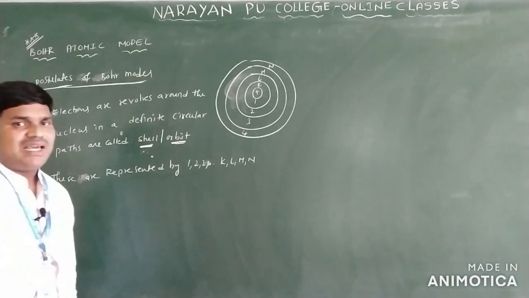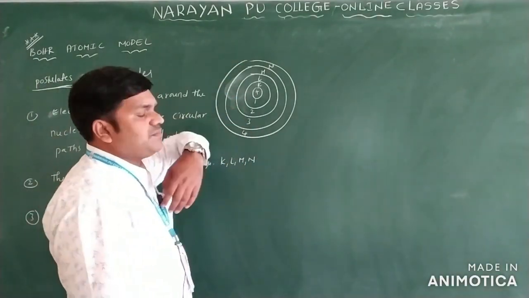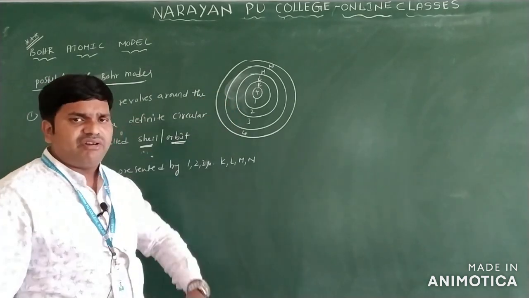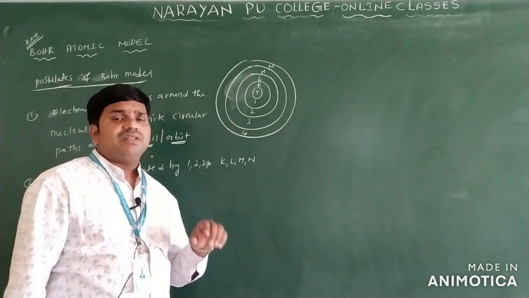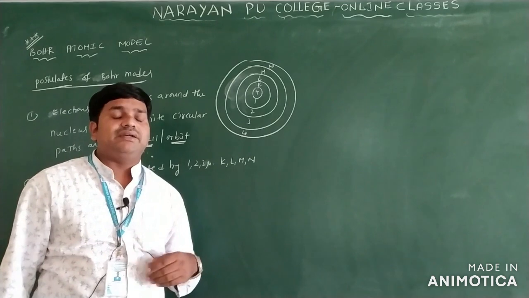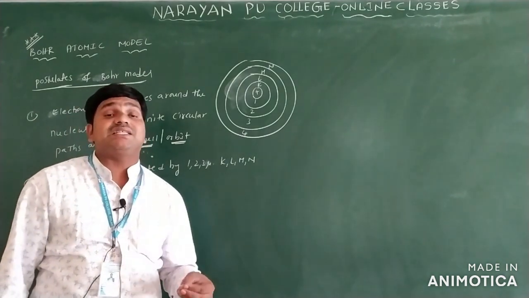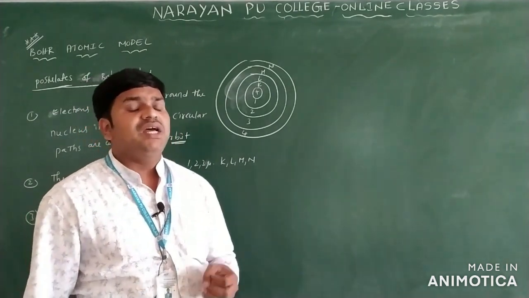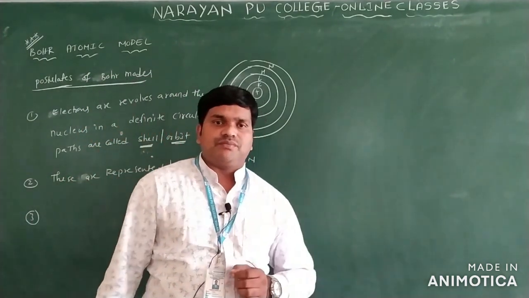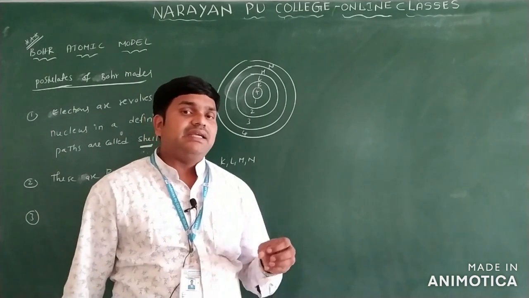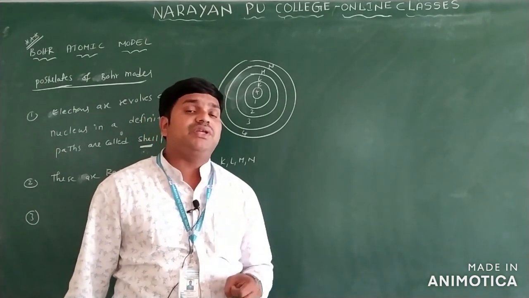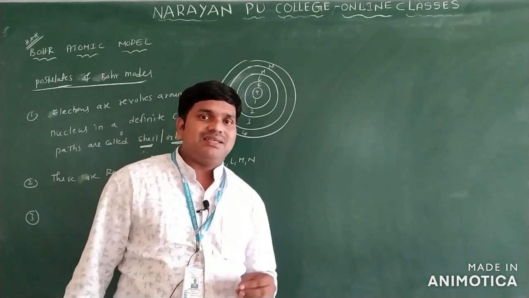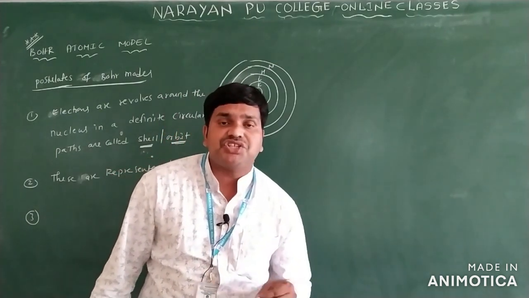Whenever the electrons revolve around the nucleus, the first shell, second shell, third shell and fourth shell have electrons there. Whenever the electron revolves around the nucleus, it does not lose energy, it does not gain energy. It means the energy is constant only. So you can write a point like this: each orbit is associated with a definite amount of energy. These are called stationary orbits or stationary shells.